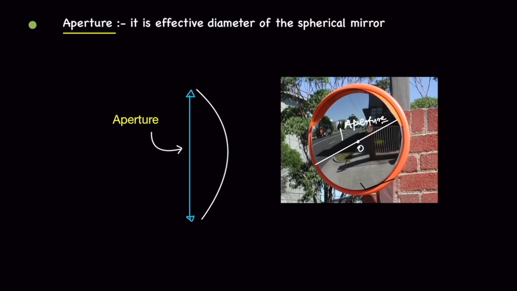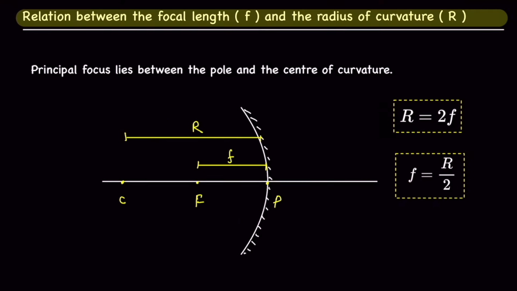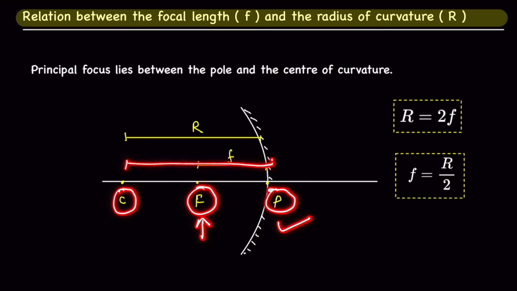Now we will study the relation between the radius of curvature and the focal length. Focal length is represented as a small f and radius of curvature is represented as capital R. So here in a concave mirror, you see this is the principal focus, this is the center of curvature and here is the pole. The principal focus always lies between the center of curvature and the pole.